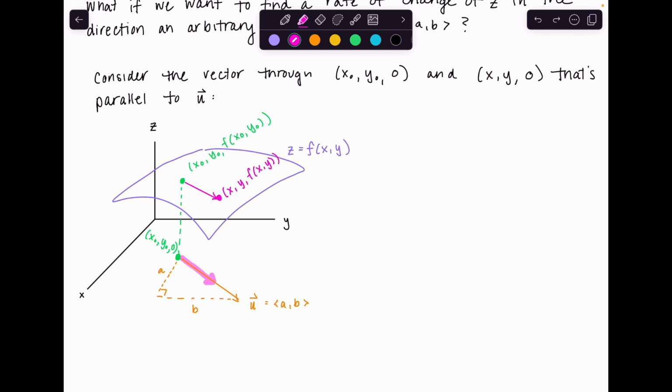So what I want to see is, if I'm letting these 2 points approach each other, is there a different way I can talk about that limit in terms of a single variable? And it's going to depend on this vector u, okay? So what we're going to do within here, this point at the end of this would be x, y, 0. So again, that projection, just dropping it right down.